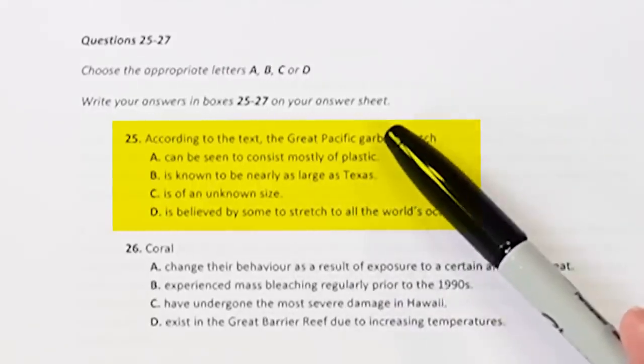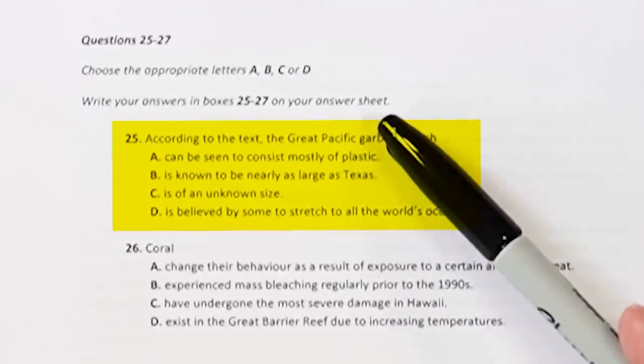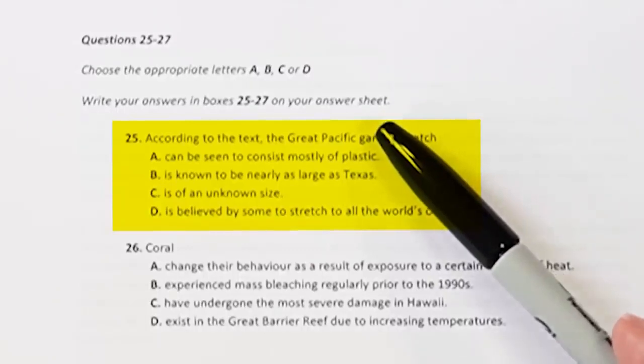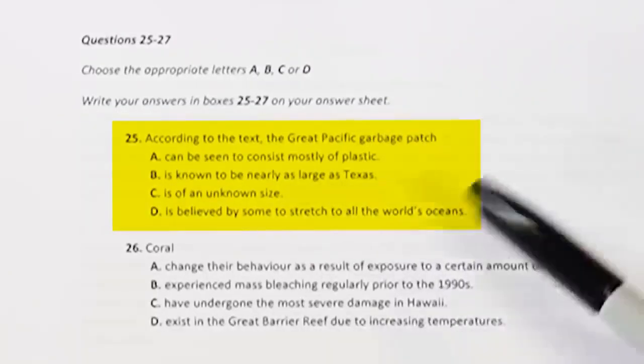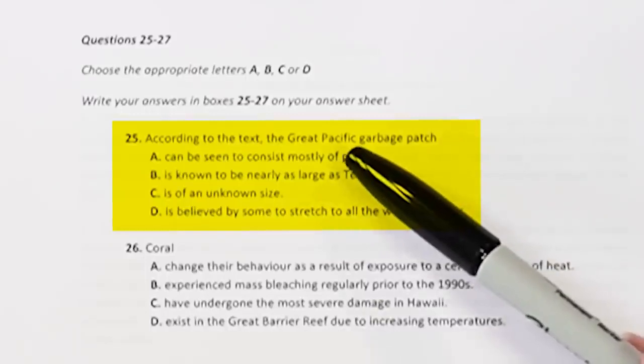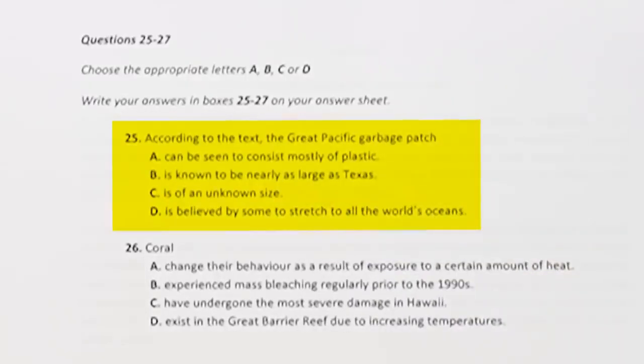So A is about the makeup, what are the constituent parts of the garbage patch, whereas B, C, and D are about the size of the garbage patch.